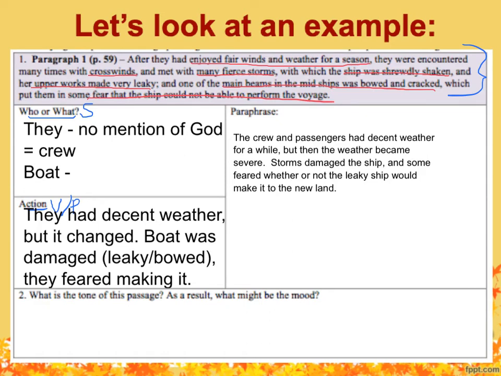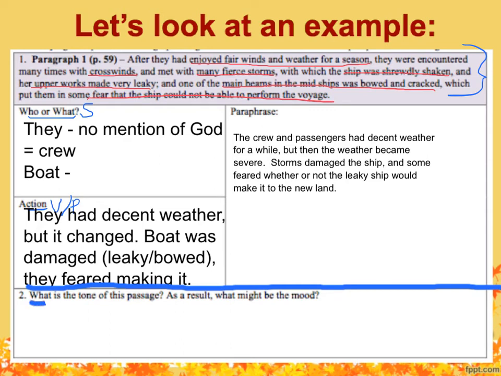So with each excerpt, you'll notice that there's a question at the bottom, and the purpose of the question is to just kind of reiterate some of the skills that we've worked on and to really help us to think critically about the excerpt of text that we have just paraphrased. So as you look at this one, what is the tone of this passage? And as a result, what might be the mood? Now this down here is called a TDQ.